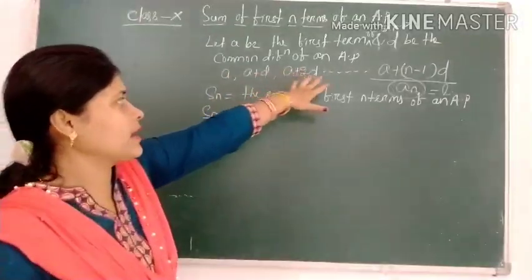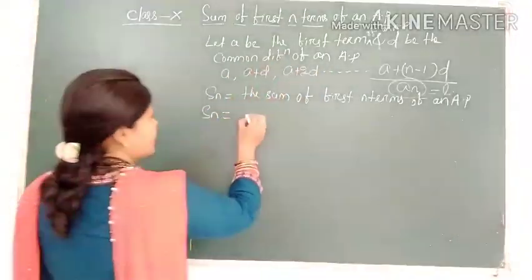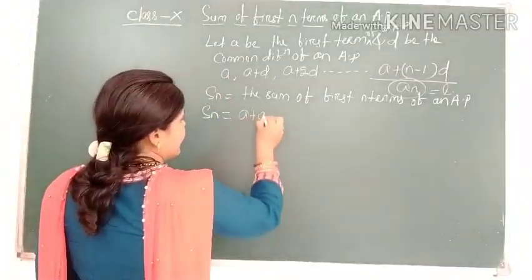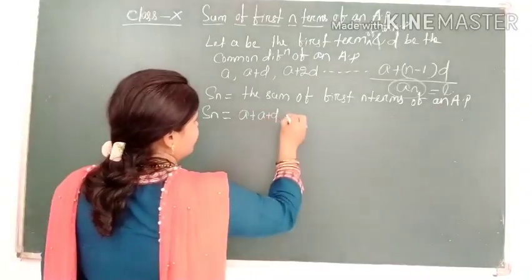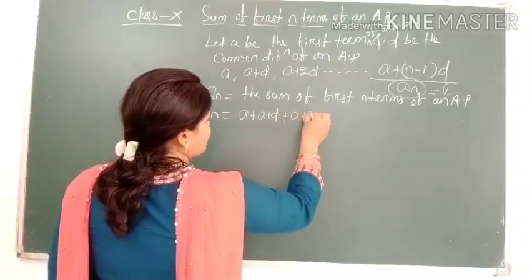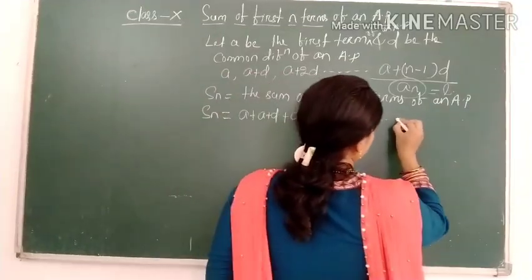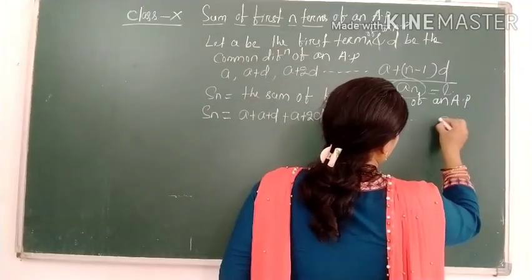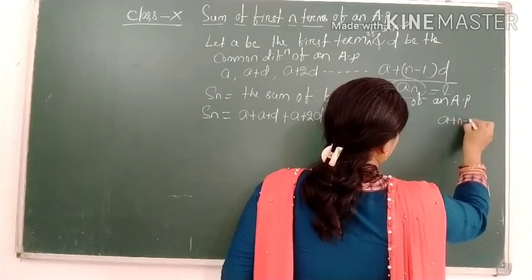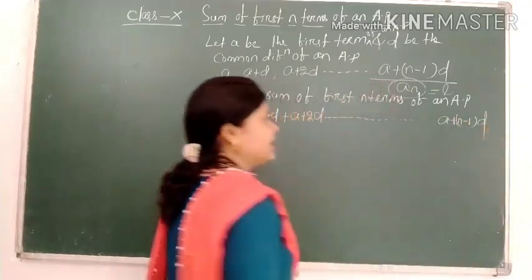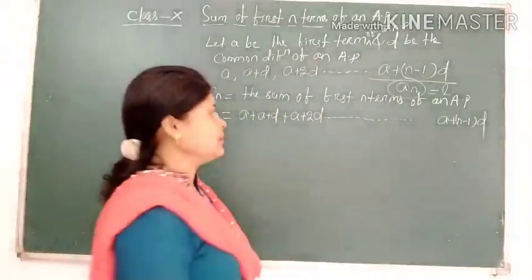Sum means I have to add all those things. So your Sn becomes A plus, A plus D, A plus 2D, like the same, up to A plus n minus 1 into D. This is your nth term.